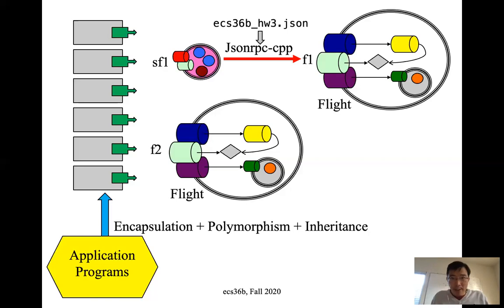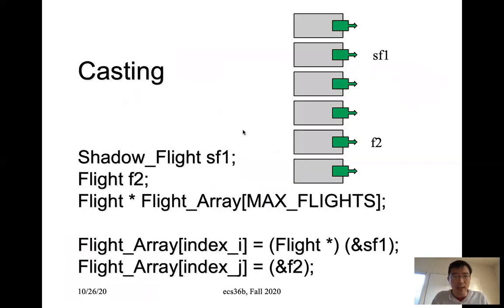If it's a fly pointer, then it's the same thing about encapsulation, because if it's a fly pointer, the HW3 server doesn't need to know whether this is a shadow fly or a fly.